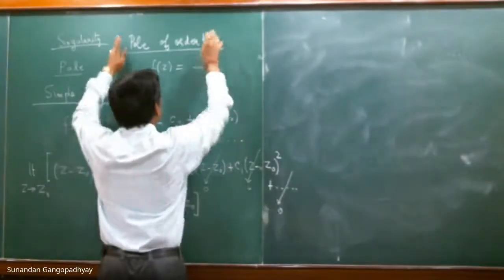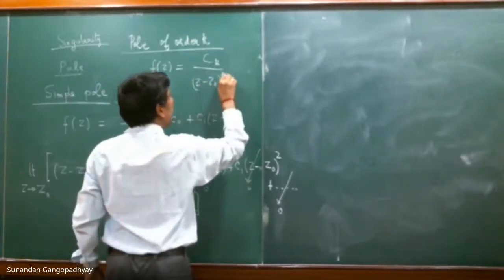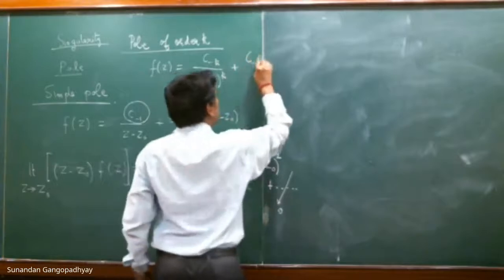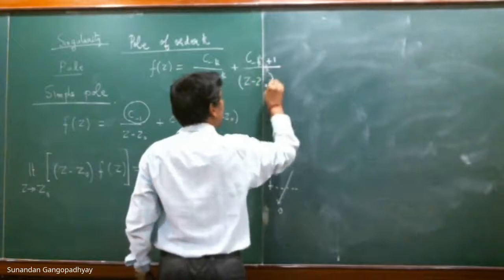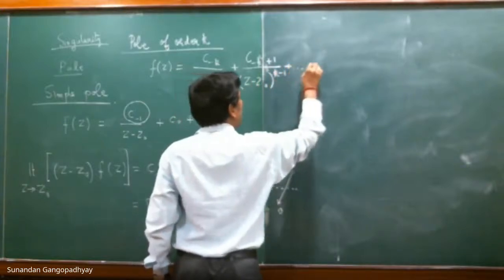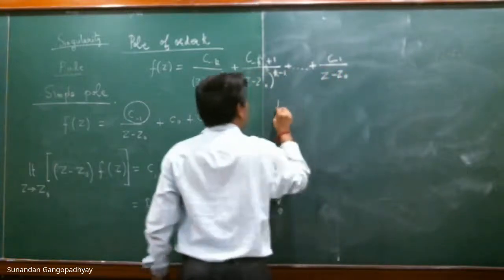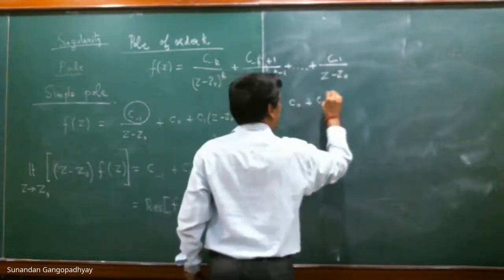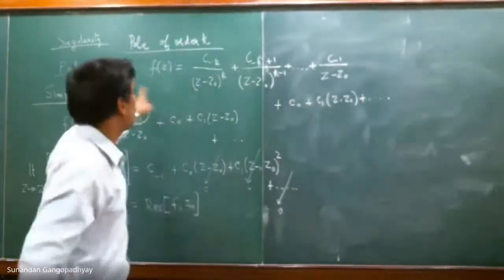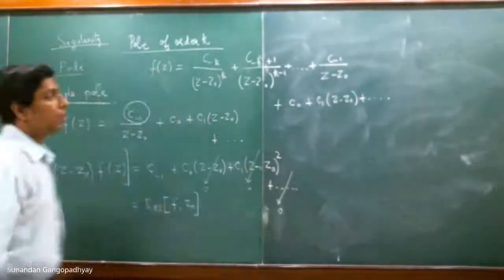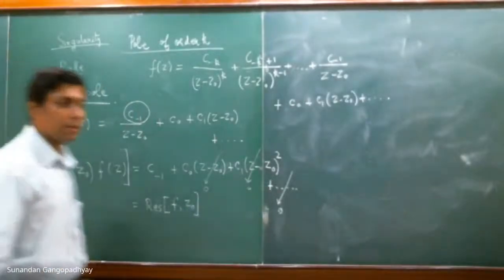Since this is a pole of order k at z equal to z naught, the Laurent series expansion of the function will be something like this. Do you agree? Is it okay?